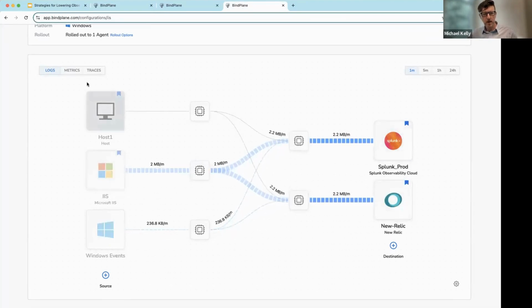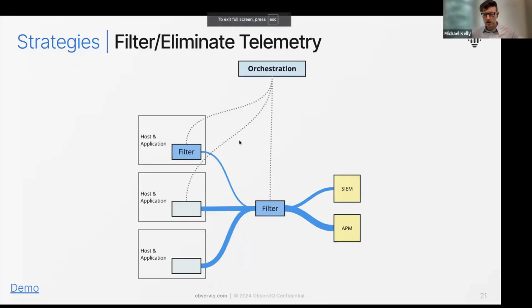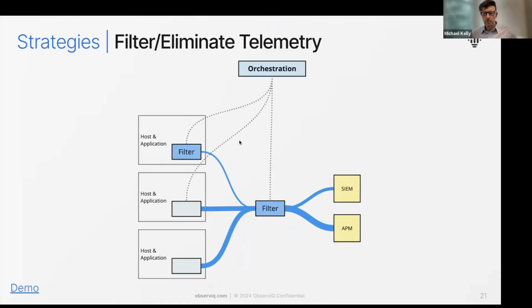In this case, we're gathering metrics and logs from standard host metrics, and some Windows logs and Windows events are all being transmitted. So we take a look at this and ask, what is the first step? When we have this layer, we can consider filtering out data that's not needed at the edge or at the gateway before it's ever sent to either destination.